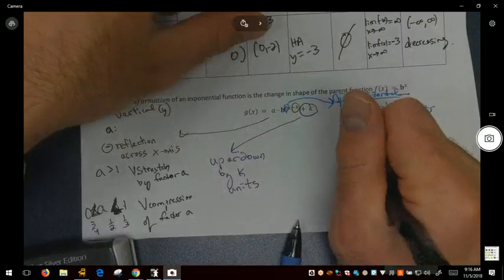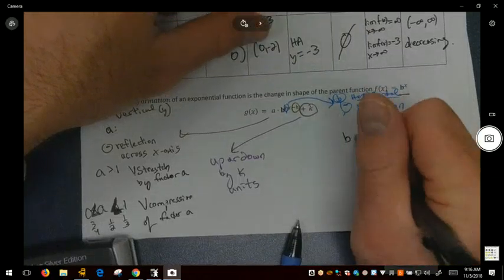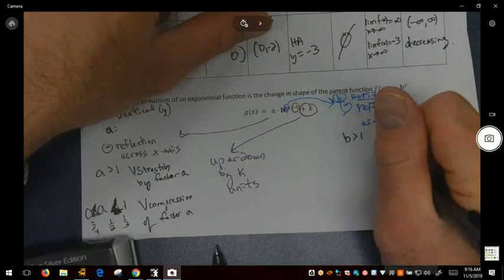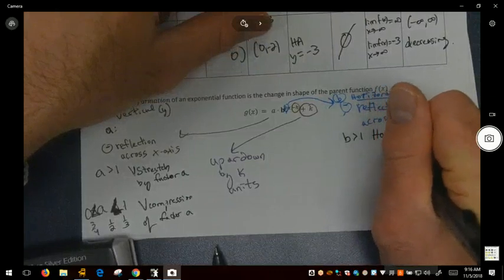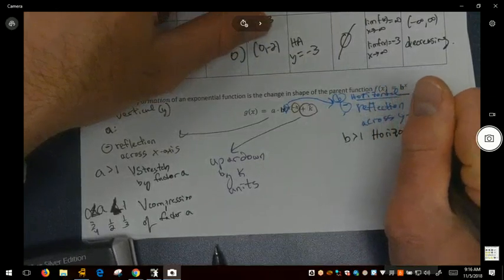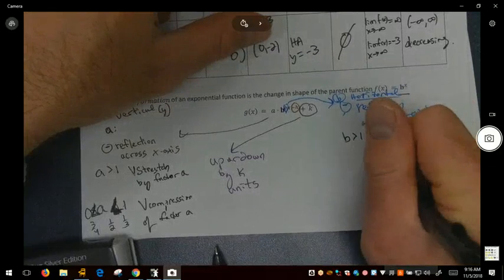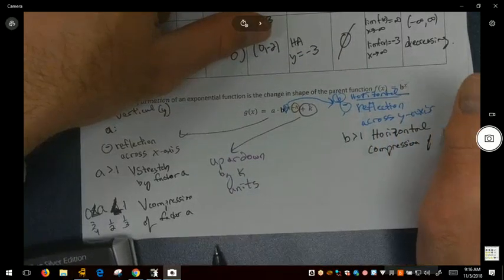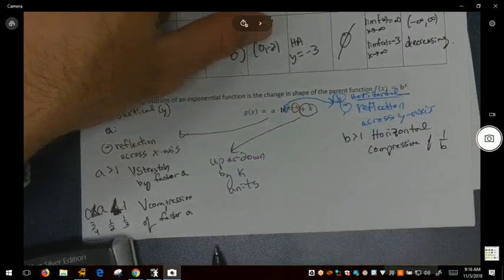With that, it's a little counterintuitive: if b is greater than 1, if it's a number like 2 or 3, then it's actually a horizontal compression by the reciprocal value, a horizontal compression of 1 over b.